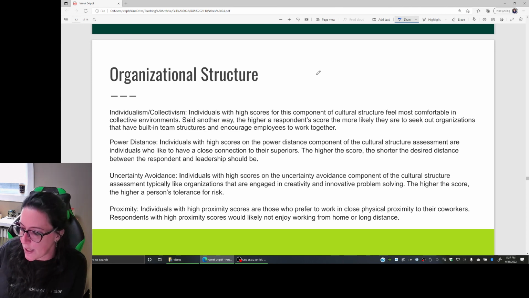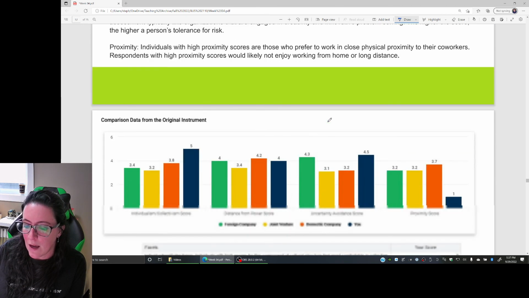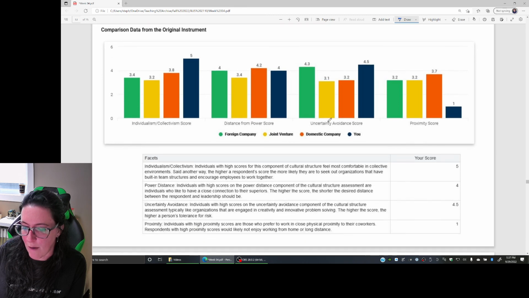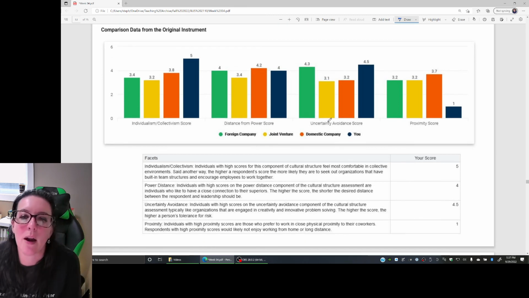So in this particular survey, it's asking about your preferences and then comparing you to how foreign companies, domestic companies, and then joint ventures, which are teams of companies, perhaps foreign and domestic together, to see how you compare.